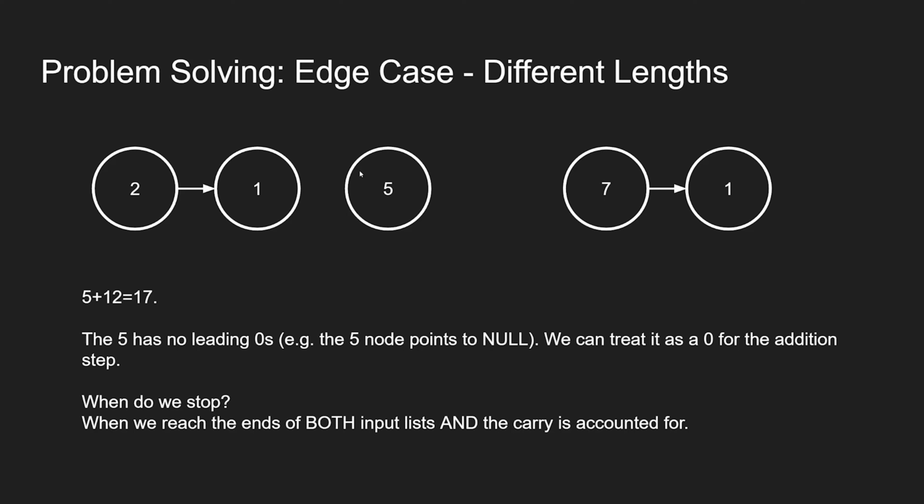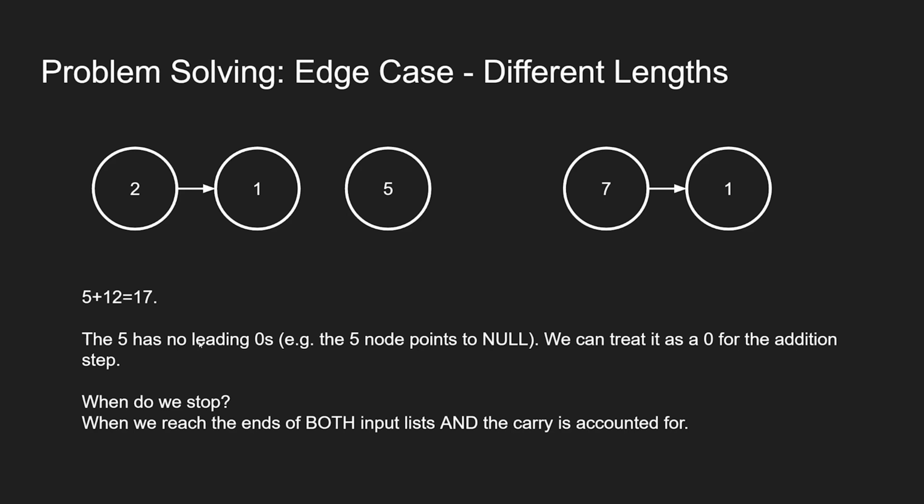The 5 had no leading zeros, but we can add a condition where if this node points to null or none, and the other list is still not finished, so one of them is not null and one of them is null, then just treat the null like a 0.